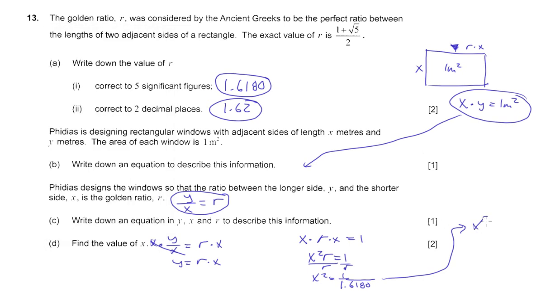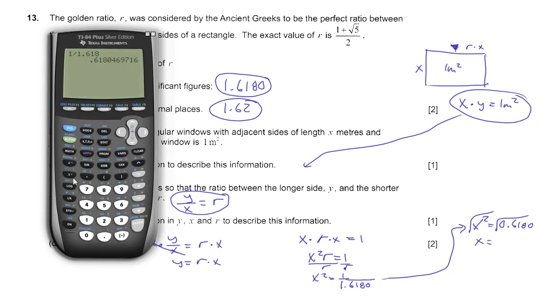So we've got x squared equals 0.6180, and then we'd want to square root that to figure out what x equals, right? So we would just square root our answer, and we get x equals 0.78615, right?